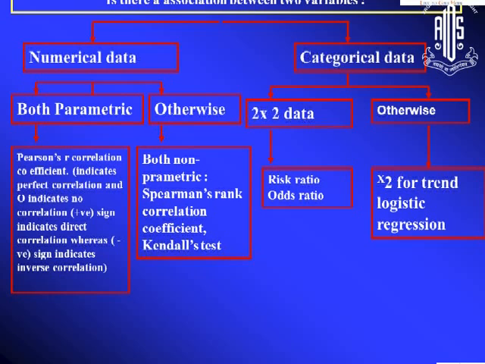The value of R may be from -1 to +1. -1 and +1 both mean perfect correlation, 0 is no correlation, and the minus sign indicates inverse correlation, plus sign means direct correlation. If both are non-parametric, then use this test. If categorical data 2 by 2, risk ratio or odds ratio; otherwise, chi-square trend or logistic regression.